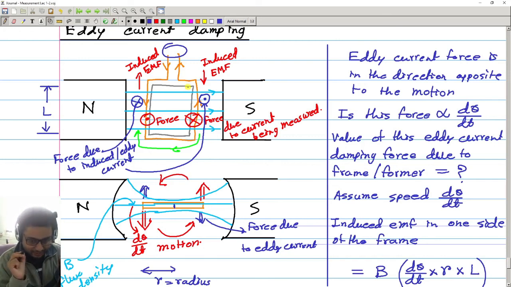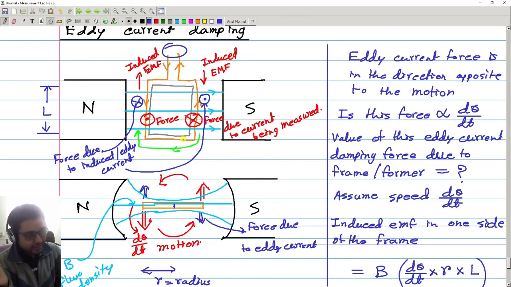But now, when the pointer gets settled at some position, it may or may not oscillate, but finally it will settle down at some position, and when it settles down, the velocity is 0. And if velocity is 0, induced EMF is 0, eddy current is 0.